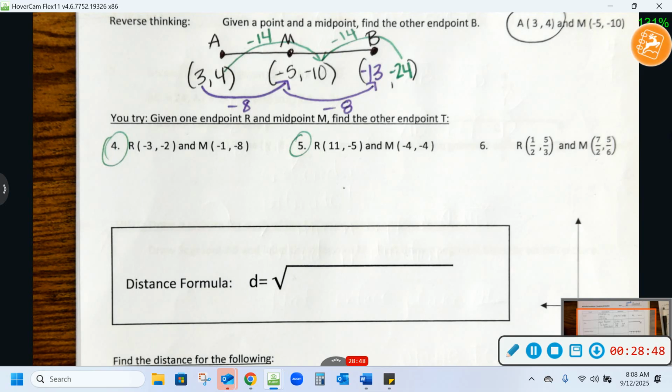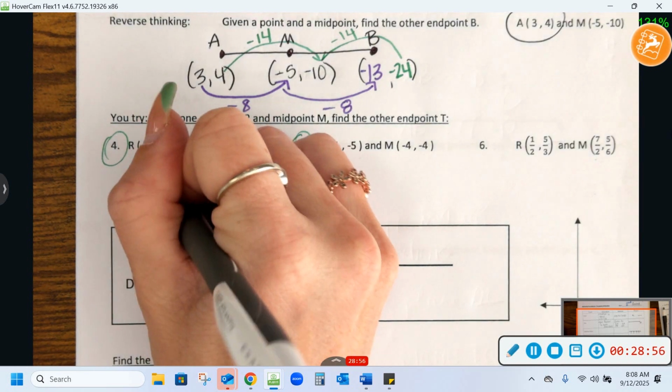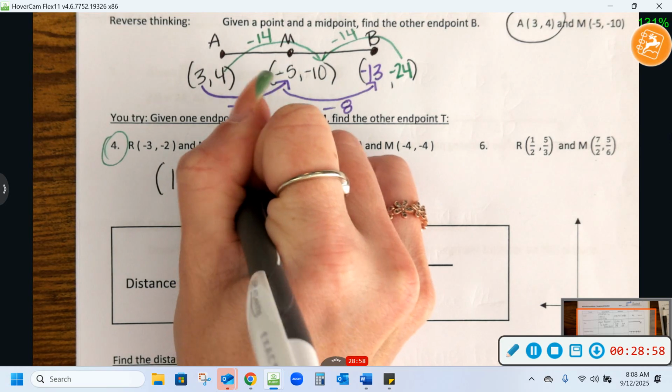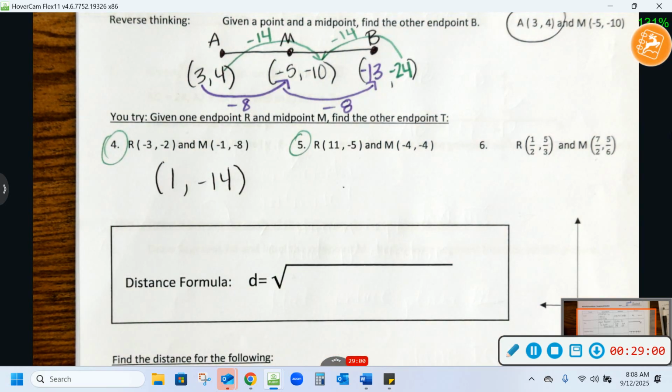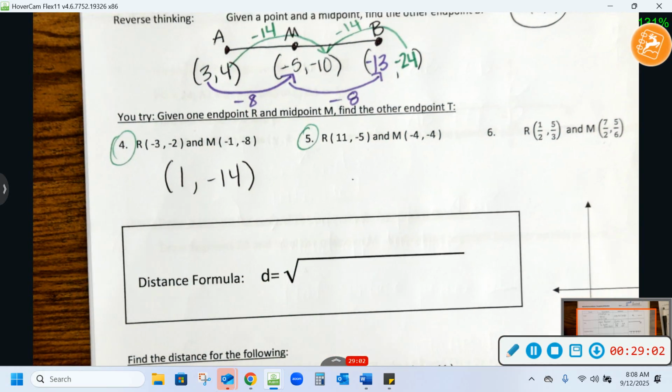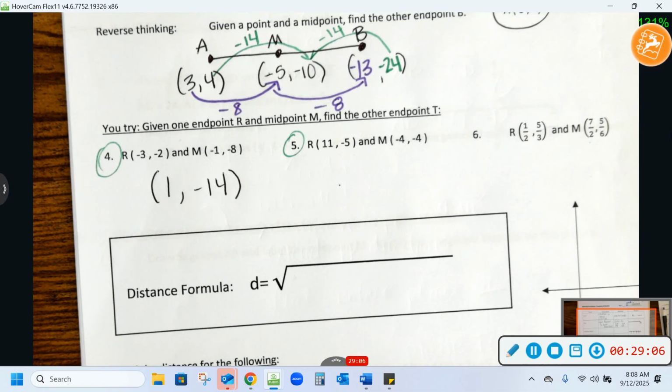You got it? Caleb, what'd you get for 4? Good job. That's right, for number 4. Anyone got number 5 yet? Okay, hold on one sec. I think you're the only one. Let's give everyone a second.